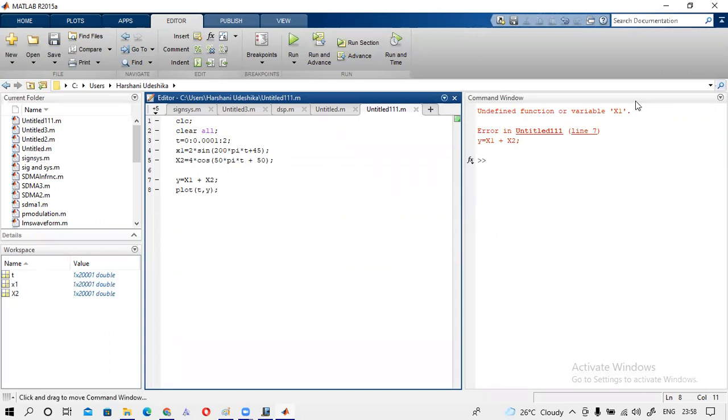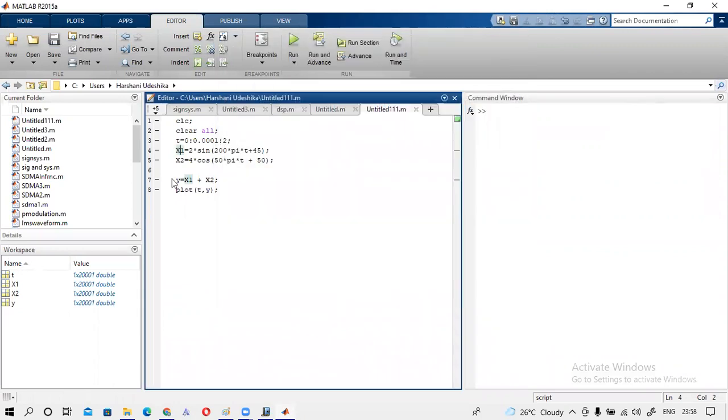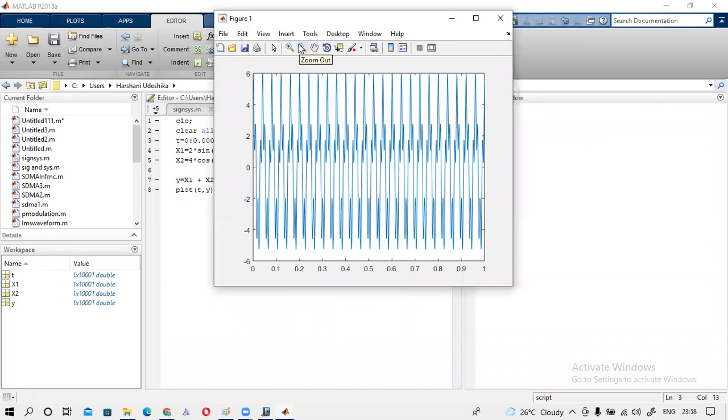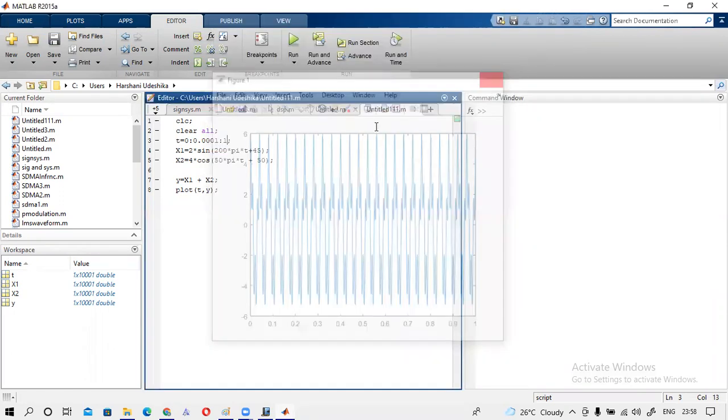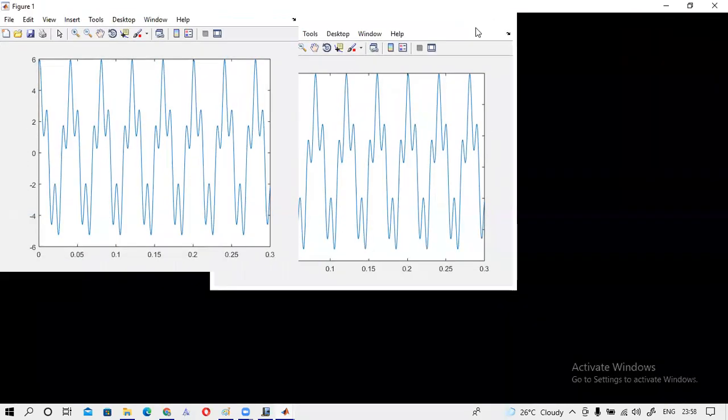Here I put the capital X. You can see that this scale we can hardly see. So if I reduce this, if I reduce it more, you can see that it is a periodic signal.